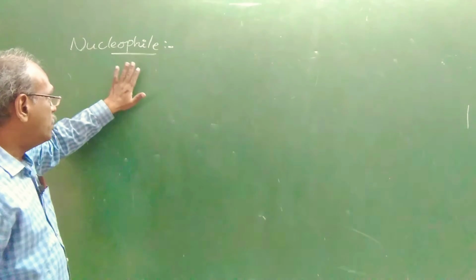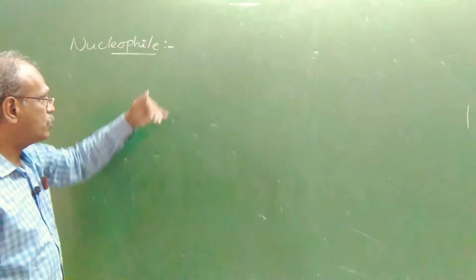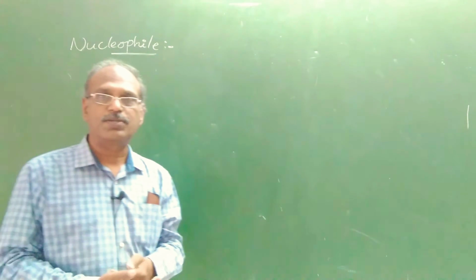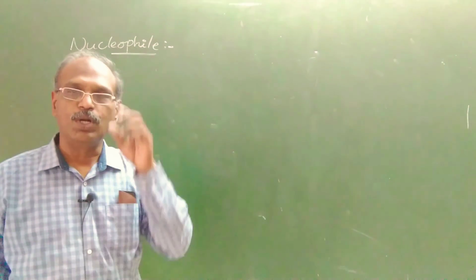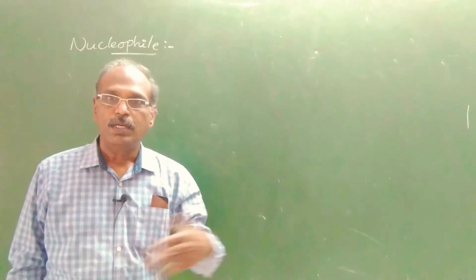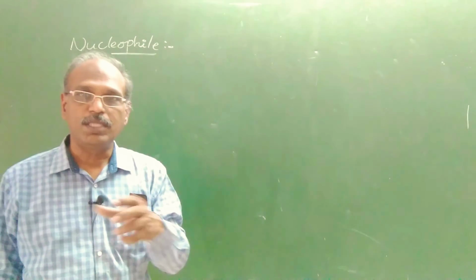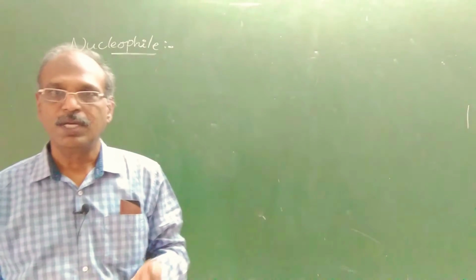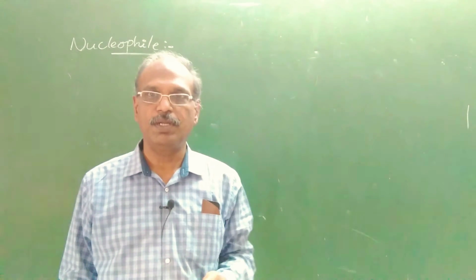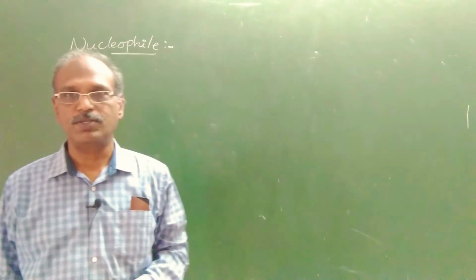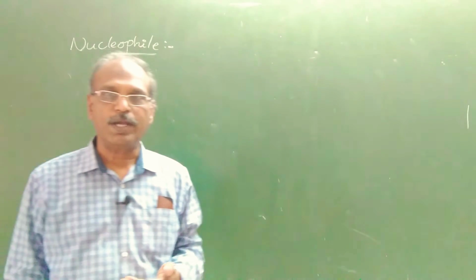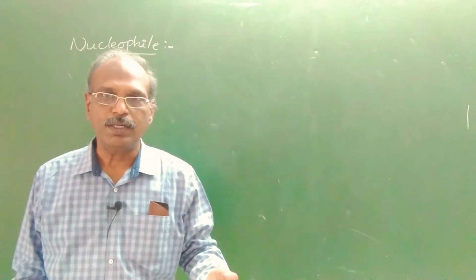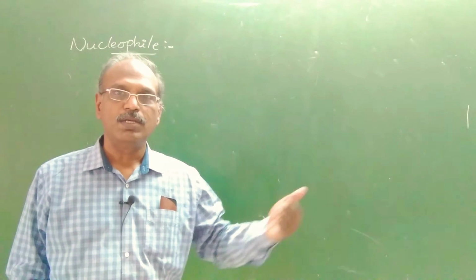Okay, but here let's see some important points how to identify a nucleophile. What are the factors that influence nucleophilicity of a species? These are the things to be seen, because in chemical reactions there may be a competition between two or more nucleophiles. To find out the product, what to be considered, nucleophile 1 or 2 or 3, so on.